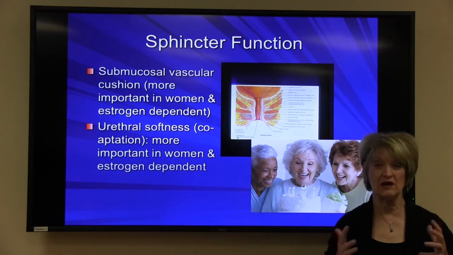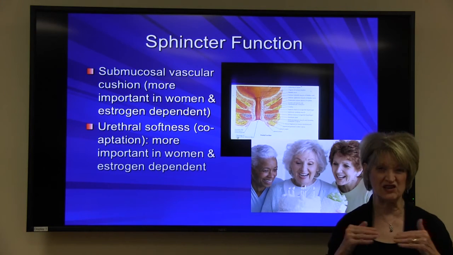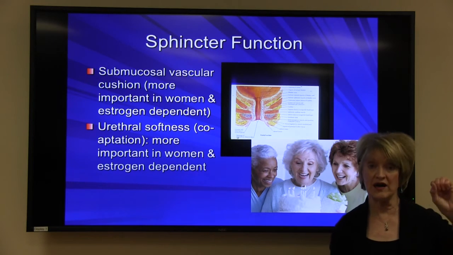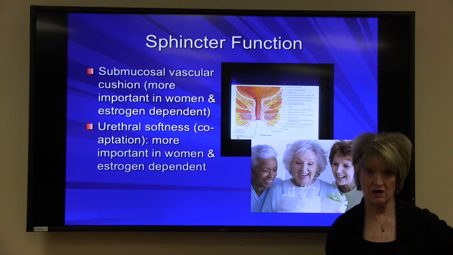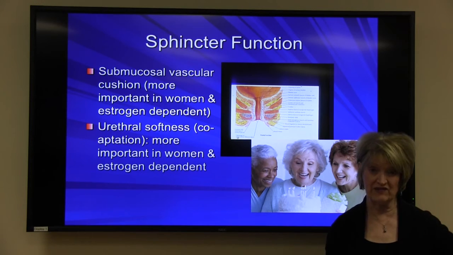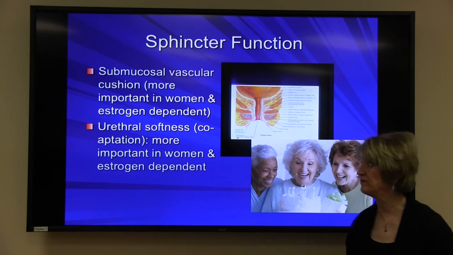That's particularly important for women because we don't have length and we don't have curvatures. We have a short, straight urethra. So that submucosal cushion plays a more important role, helping to maintain urethral closure during times when I'm coughing, laughing, sneezing, or my bladder's full.